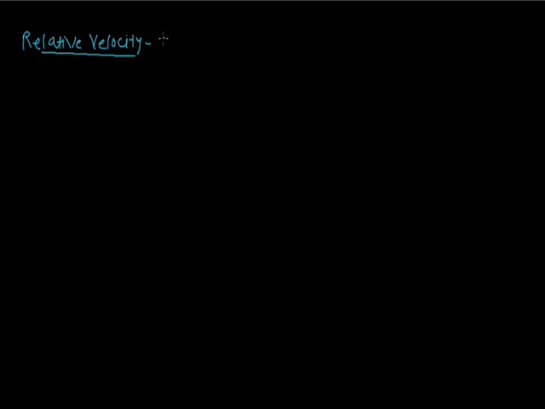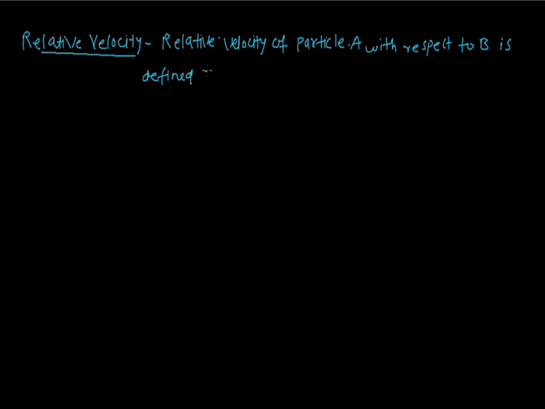The relative velocity of particle A with respect to B is defined as the velocity with which A appears to move if B is considered to be at rest.